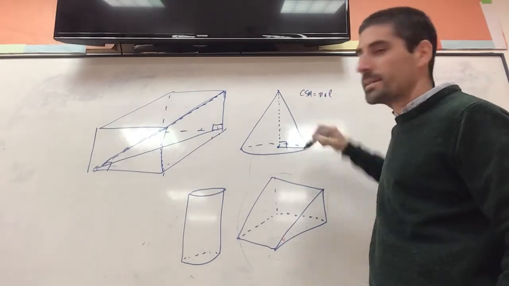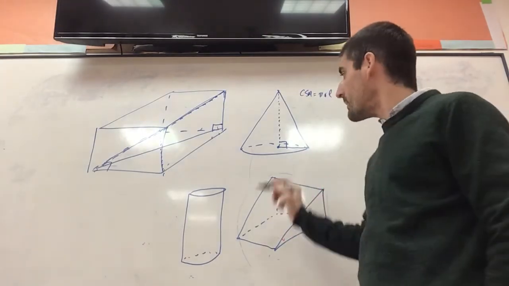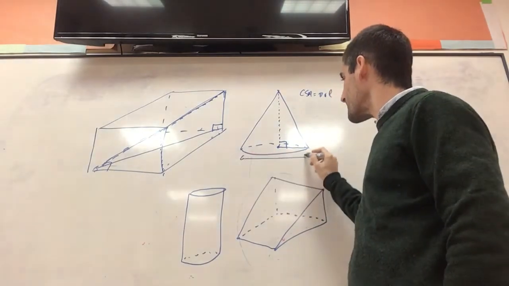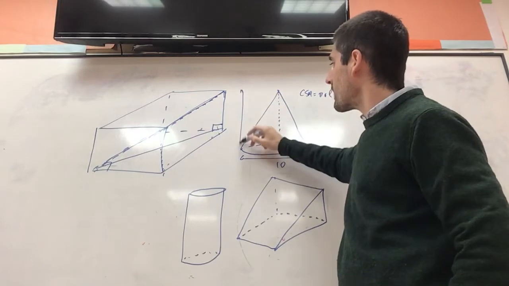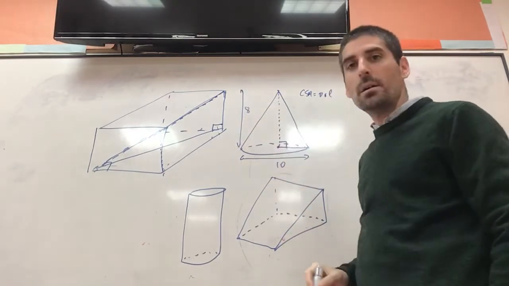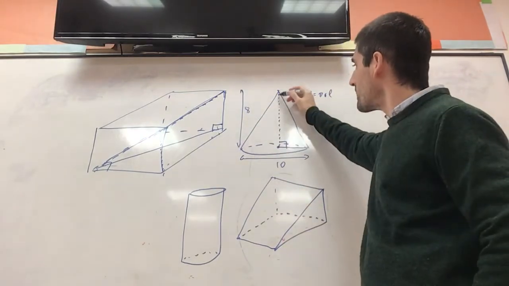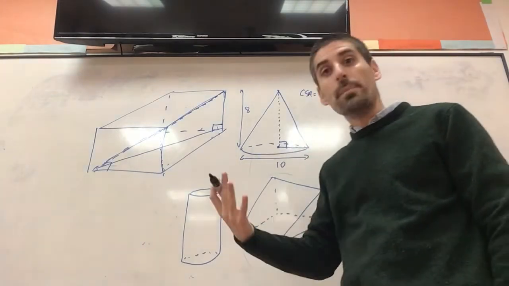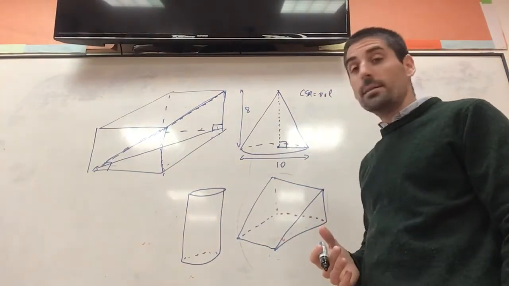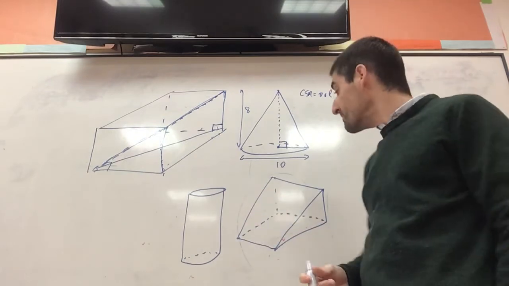I need the slant height, but they may not tell me that. They may give me the diameter, 10. They may give me the perpendicular height, 8. So I will have to use Pythagoras theorem in this triangle here to find the slant height and then be able to calculate the curved surface area of the cone.